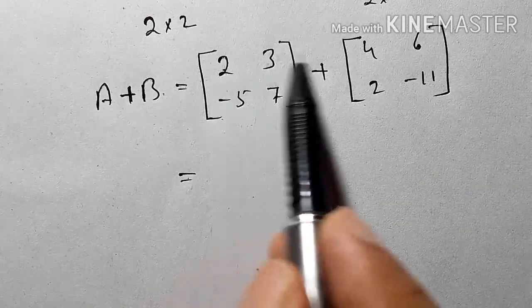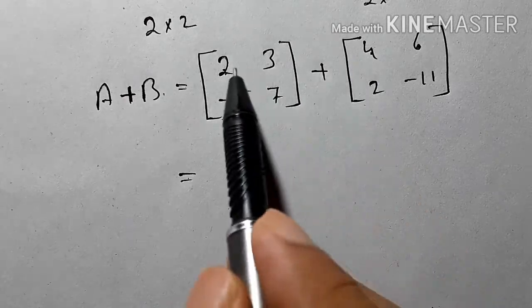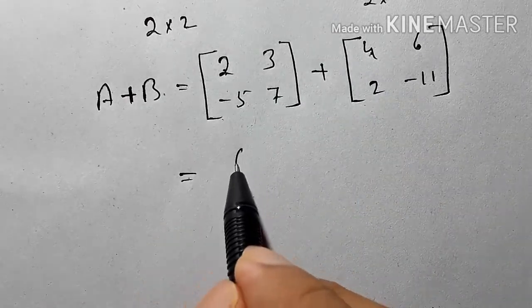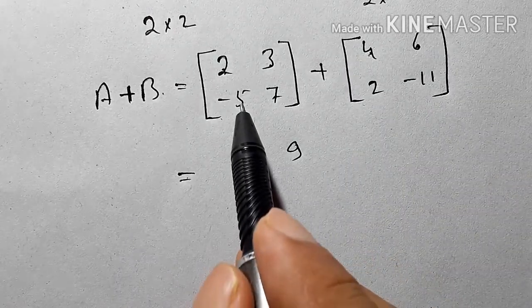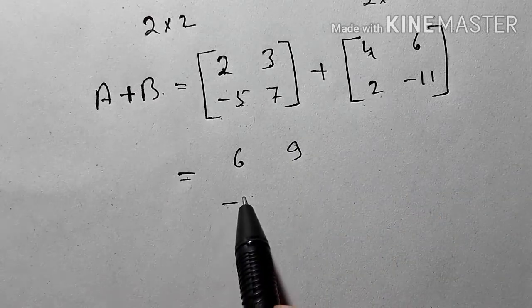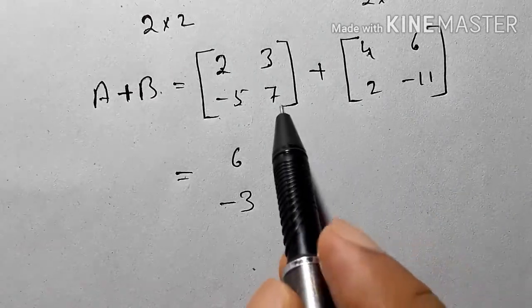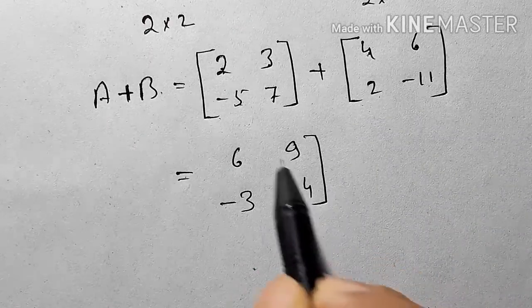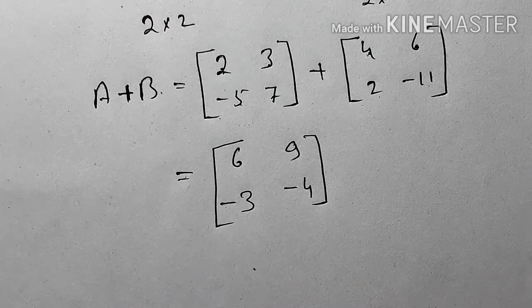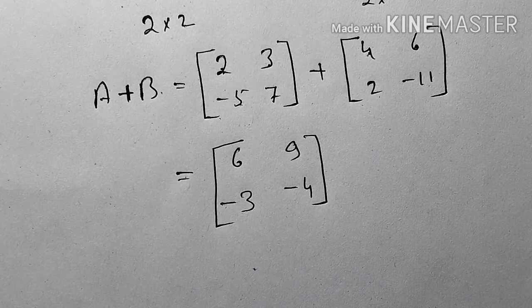Now 2 plus 4, in a similar position, is 6; 3 plus 6 is 9; minus 5 plus 2 is minus 3; 7 minus 11 is minus 4. This is how we can add two matrices of the same order. And a similar rule holds for subtraction.